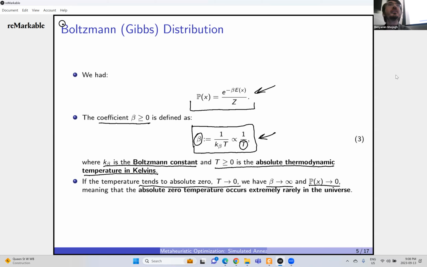Do you agree? E to the minus infinity becomes 0. So what does this mean? P of x was a probability, right? Therefore, it means that for absolute 0 temperature, the probability is very low. Therefore, in the universe, absolute 0 temperature occurs extremely rarely. You can almost never find absolute 0, maybe between galaxies, right? You understand?